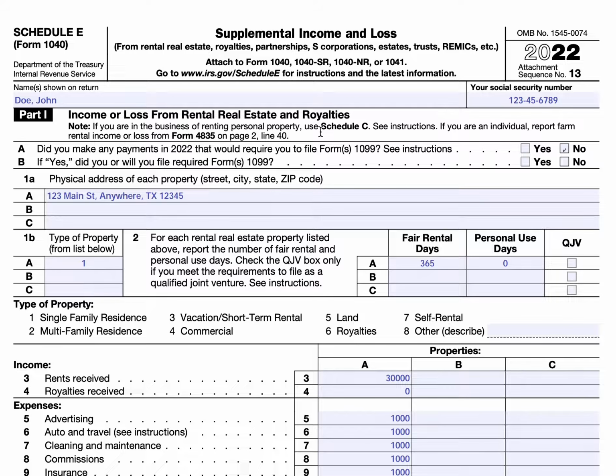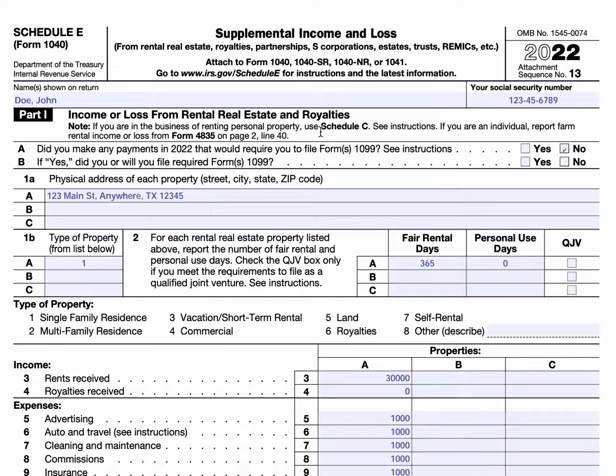If your rental of personal property happens to be furniture that's included in your rental real estate, that doesn't necessarily count. It has to be a very specific, purposeful use of the personal property, not incidental to your rental real estate.